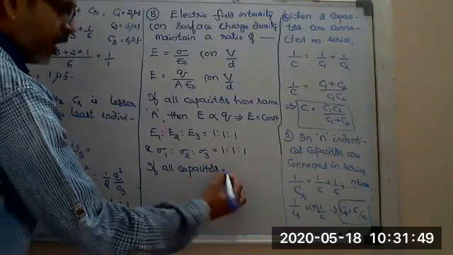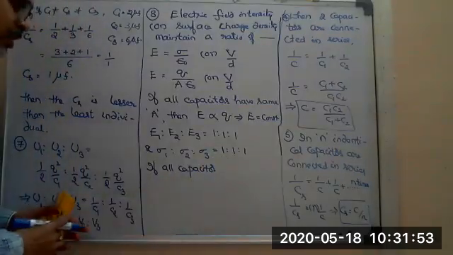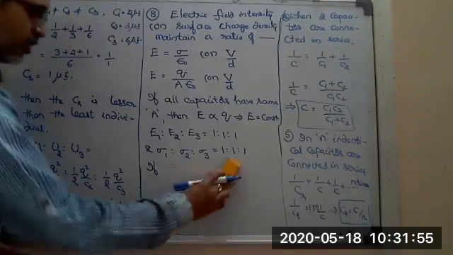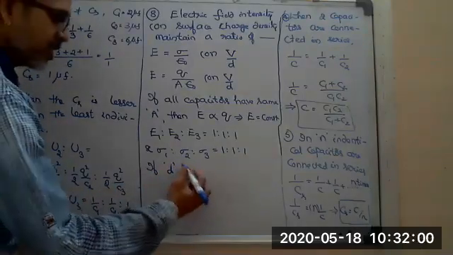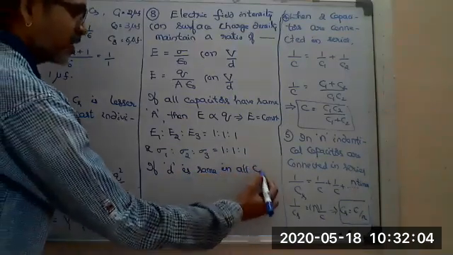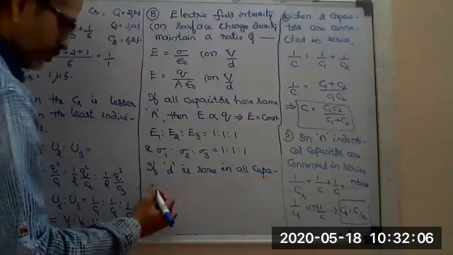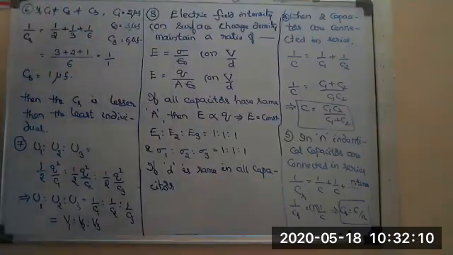Next one, if you consider all capacitor plates, if the distance between the plates is the same in all capacitors, then what can you write?